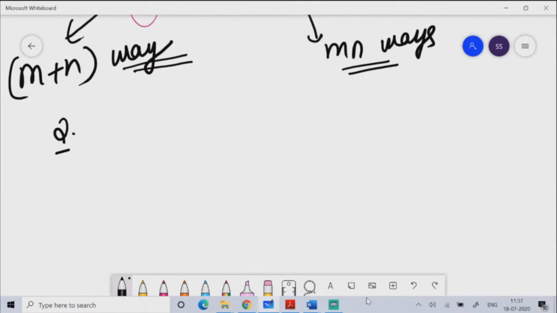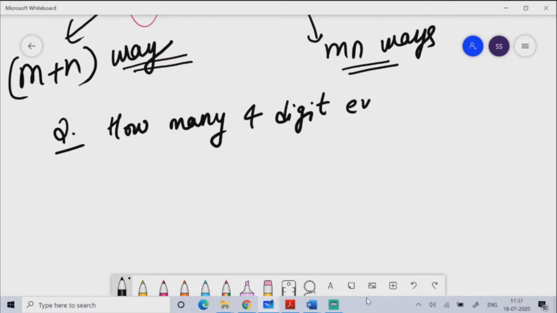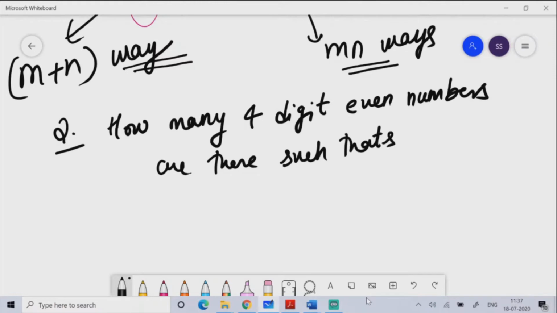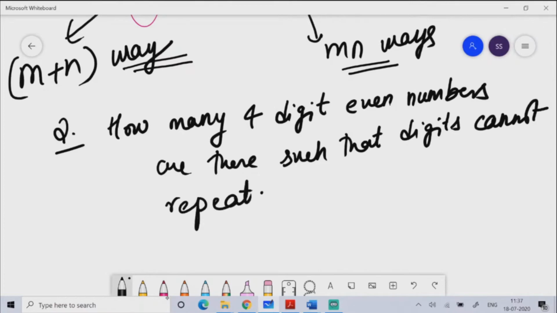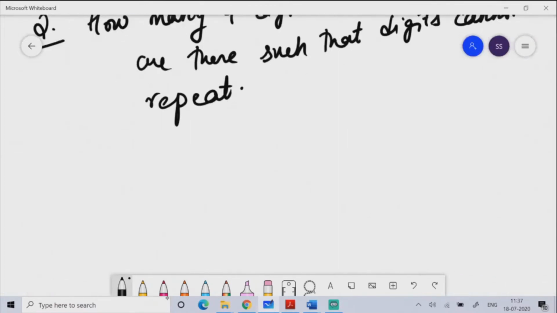If I ask you how many four-digit even numbers are there such that digits cannot repeat. If you want a four-digit even number, you'll draw four lines, four dashes.